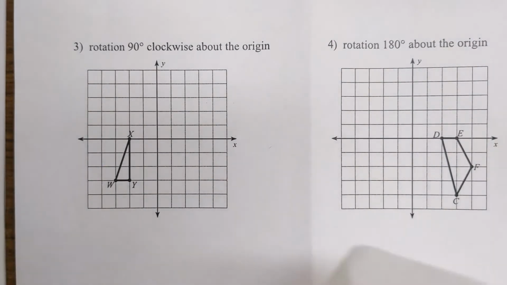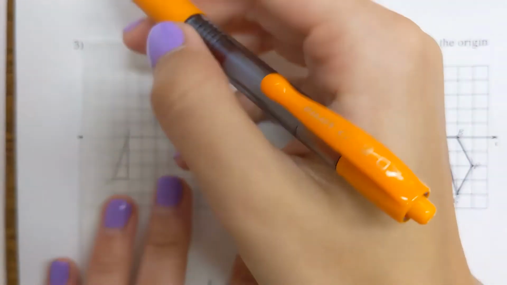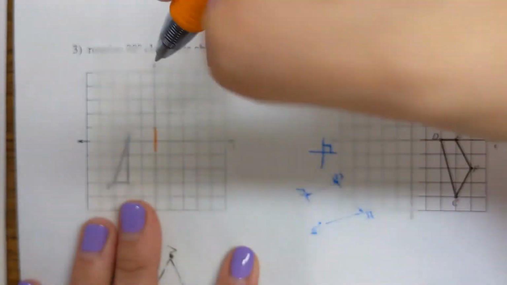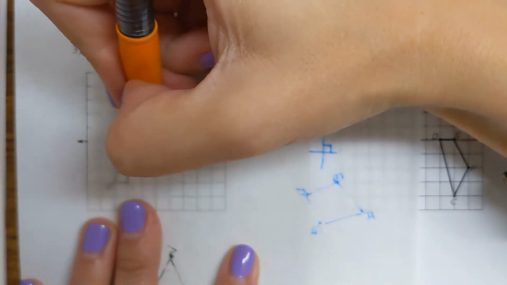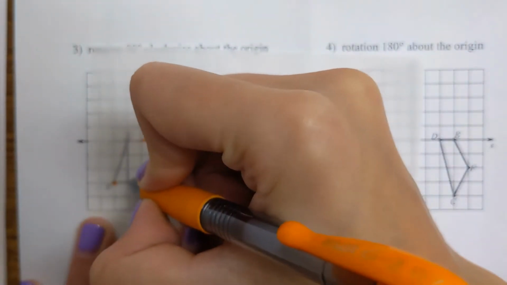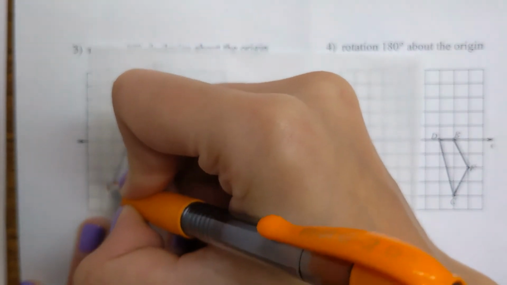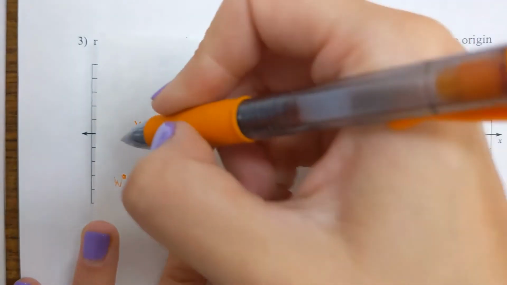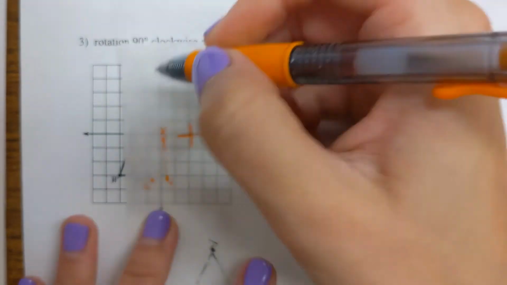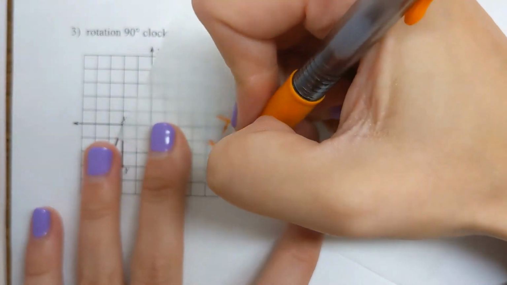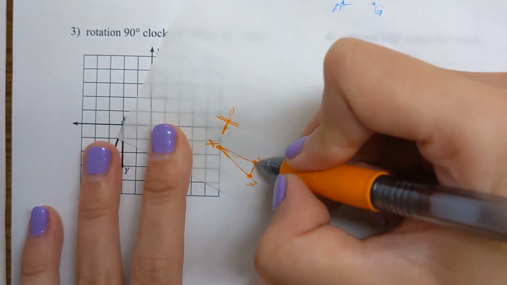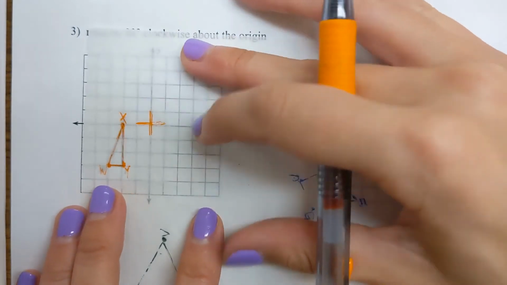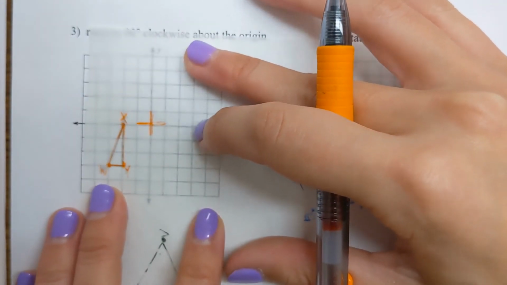Let's get our tracing paper. I'm going to orient ourselves by putting a T for the origin and my points W, Y, and X. Now, pencil is actually easier to draw on with this, so if you're having trouble, try with pencil.